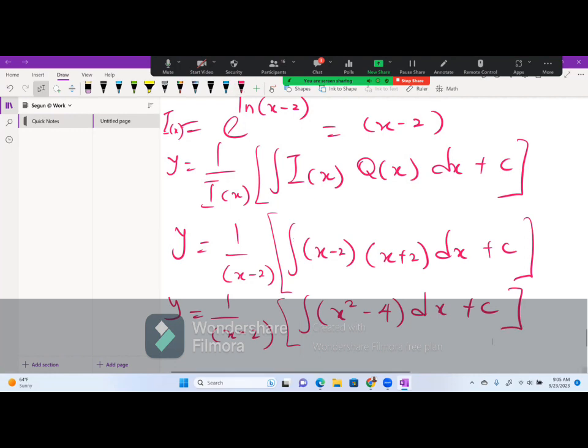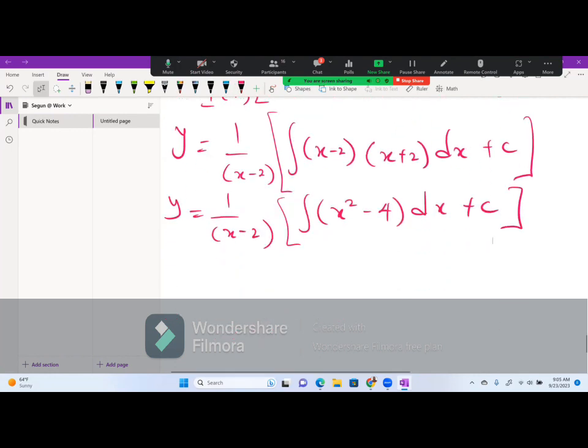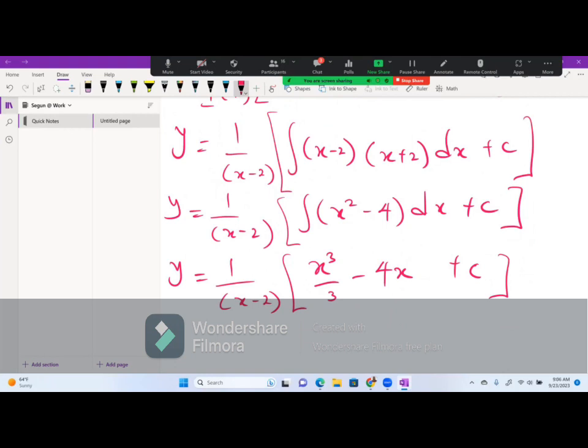At the end of the day, I will have y equals 1 over x minus 2. When you integrate this one, you have x raised to the power 3 over 3 minus 4x, everything plus c. You can open the bracket, but this is your general solution.